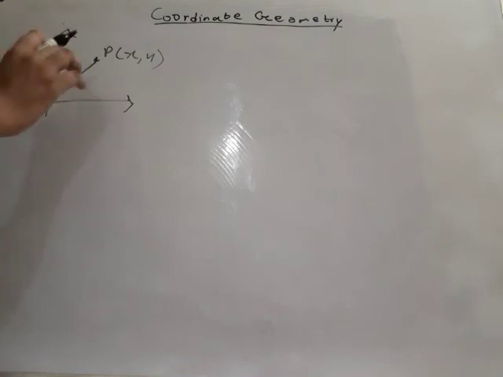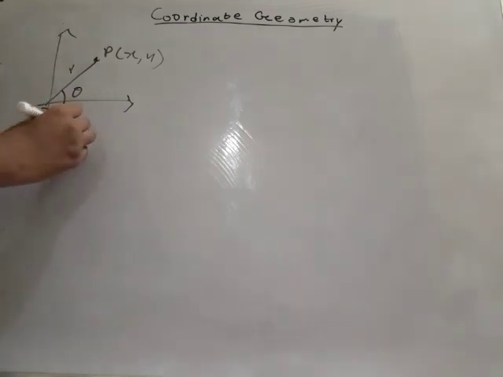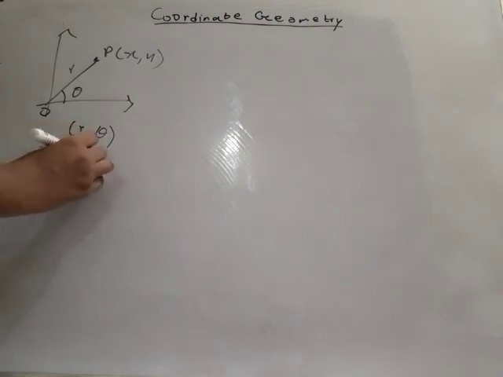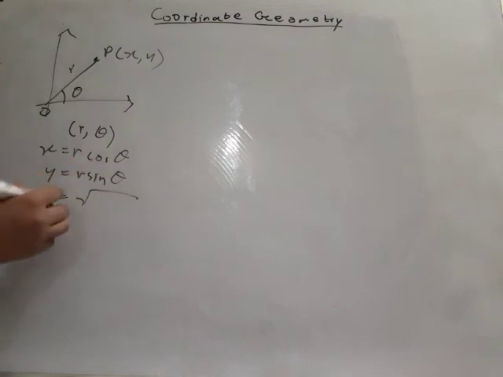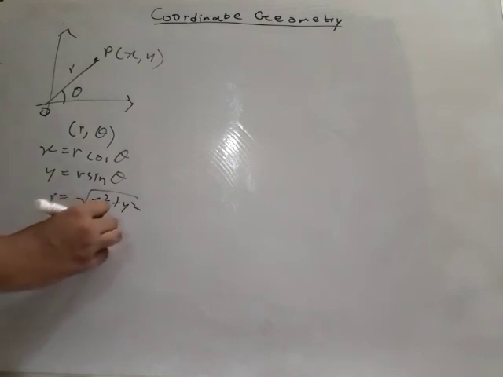Let the line joining point P with the origin make an angle theta with the x-axis, and the distance from P to O be r. Then the polar coordinates are given to be r comma theta, such that x equals r cos theta and y equals r sin theta. So r equals root of x square plus y square, and tan theta equals y by x.